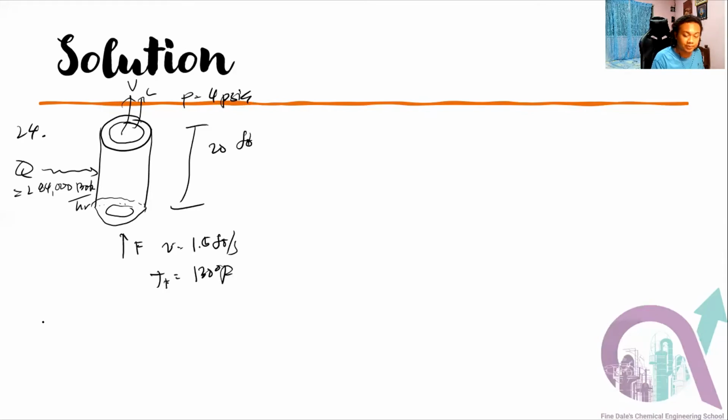Okay. So this is what I have got from the steam table. Please check them out. It is at 130 degrees Fahrenheit. Of course, you have to convert that to Kelvin. So please do so. So this is what you will get.